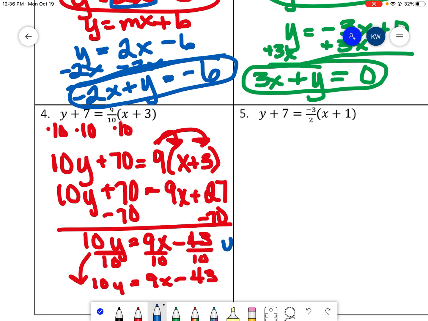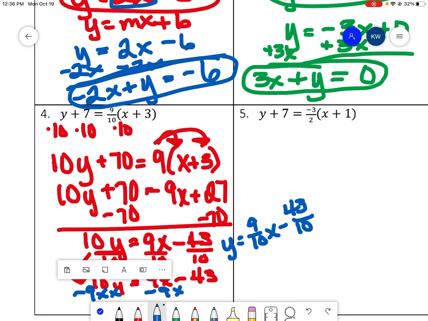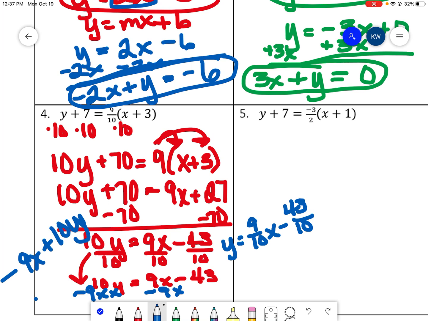So our final answer for slope-intercept form is y equals 9/10 x minus 43 over 10. For standard form, the opposite operation is to subtract 9x from both sides. So the final answer is going to be negative 9x plus 10y equals negative 43.